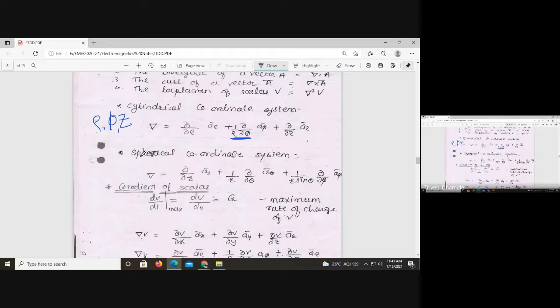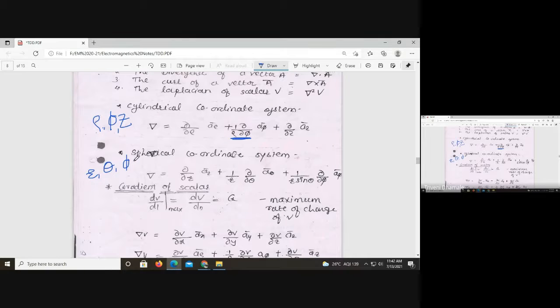Del operator in the spherical coordinate system. Again, the coordinates are r, theta, phi. So, partial derivative with respect to r, ar cap, plus for theta, what is the differential length? It is r d theta. So at the denominator side, 1 upon r, partial derivative with respect to theta, a theta cap, plus what is the differential length for phi?